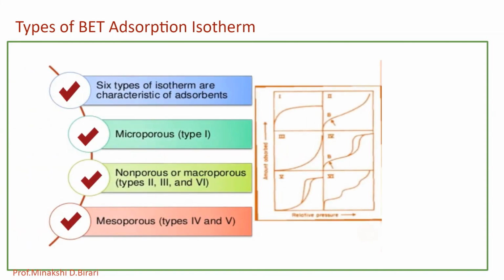So in today's lecture we have studied 6 types of isotherms and characteristics of adsorbents. Type 1st isotherms are typical of microporous solids where only monolayer adsorption occurs. In these, micropore filling occurs significantly at relatively low pressure.